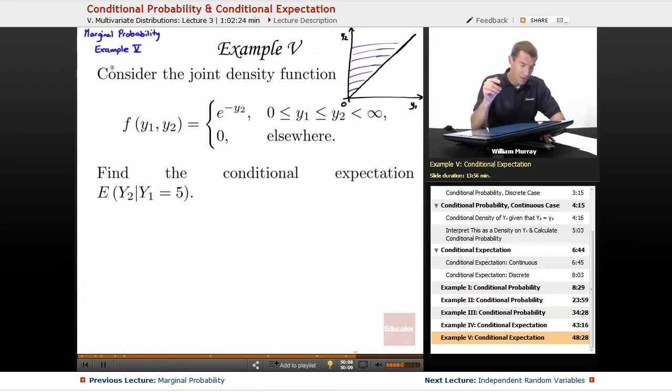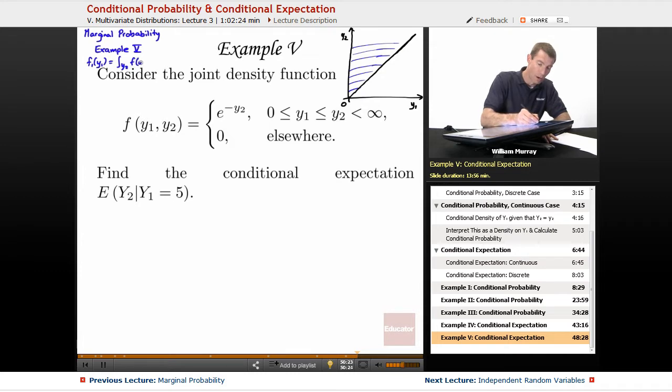What we did there was we calculated the marginal density function. We calculated f1 of y1. The way we calculated it was by doing the integral on y2 of the joint density function f of y1, y2, dy2, and the answer we got there was e to the negative y1.